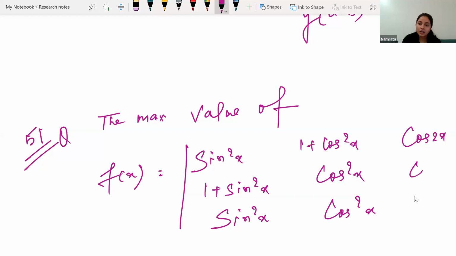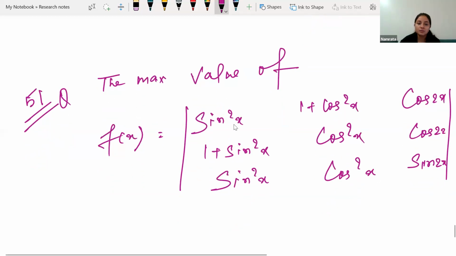Now if you look carefully, when we add the first and second column, we will get sine square x plus cos square x in the first column.